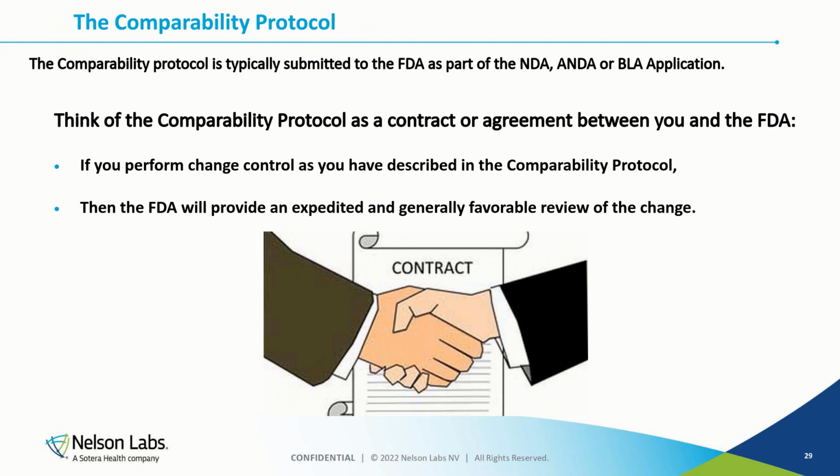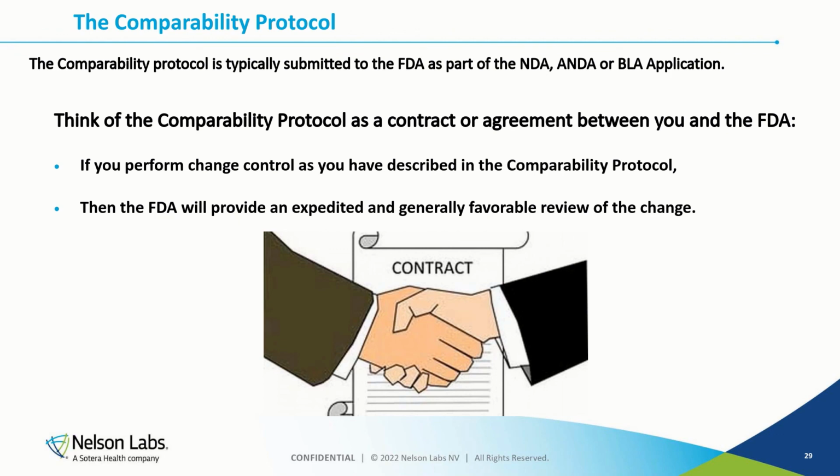Okay, so if you perform change control in a comparability protocol that was in an NDA, ANDA, or BLA that the FDA approved, the FDA will agree to provide expedited and generally favorable review of the change.